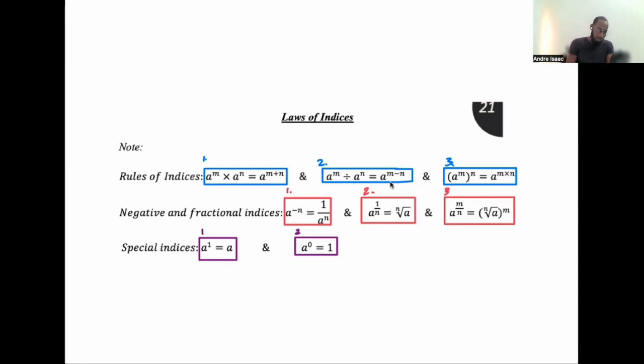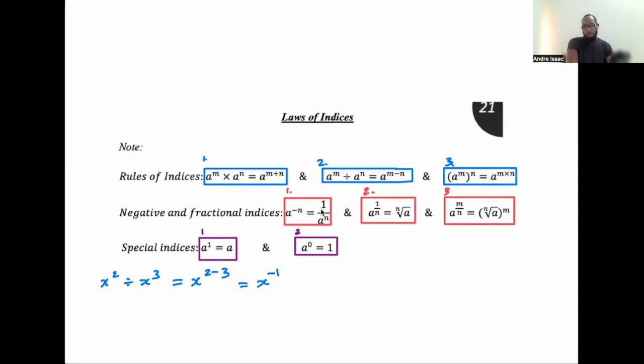If you understand the first one, you know the second one is just like the opposite. So if I have x squared divided by x cubed, since it's the same letters, we subtract the powers. This is x to the 2 minus 3, and 2 minus 3 is negative 1. x to the negative 1.